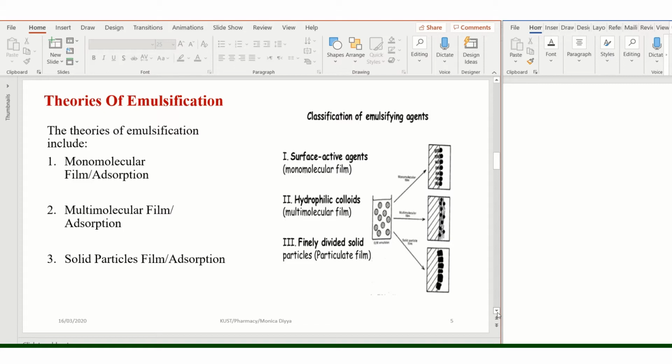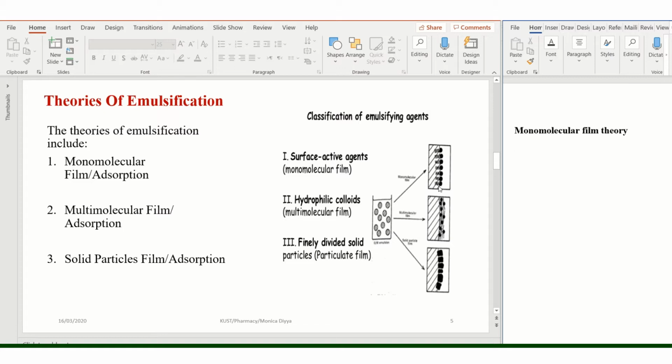We have three different theories of emulsification. The first one is monomolecular film theory, where, as the name itself indicates, the emulsifying agent once added in the formula forms a monomolecular layer at the interface.